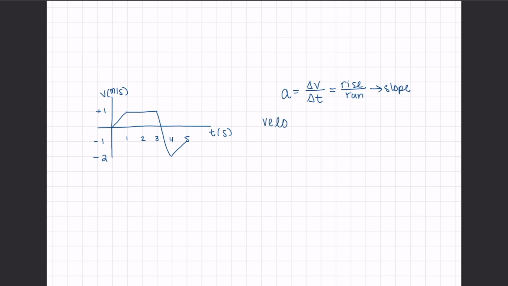So now we have velocity is slope of x versus t, acceleration is slope of v versus t.